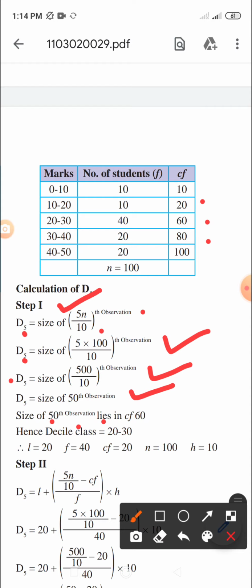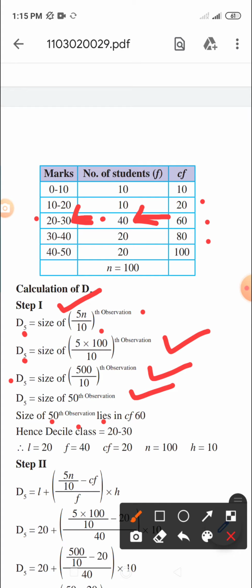So our decile class has class frequency f of 40, and our decile class is 20 to 30. So here we find out certain values. First we find out the decile class, then we find out f, that is the frequency of the decile class.